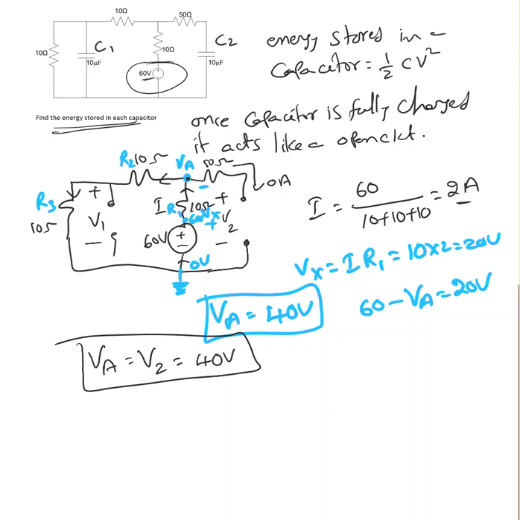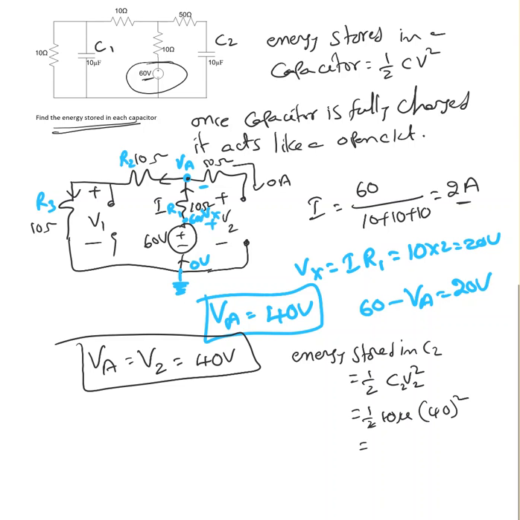Now since I know V2, I can find the energy stored in capacitor C2. Energy stored in C2 equals half C2 V2 squared, which is half times 10 micro times 40 squared.